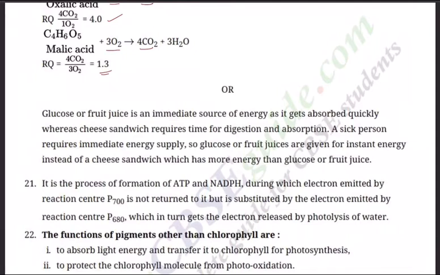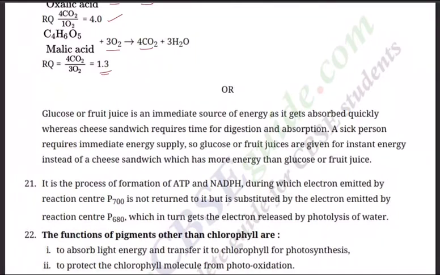And there is a choice for this question. Glucose or fruit juice is an immediate source of energy as it gets absorbed quickly, whereas cheese or a sandwich requires time for digestion and absorption. A sick person requires an immediate energy supply. So glucose or fruit juices are given so that the patient gets instant energy.